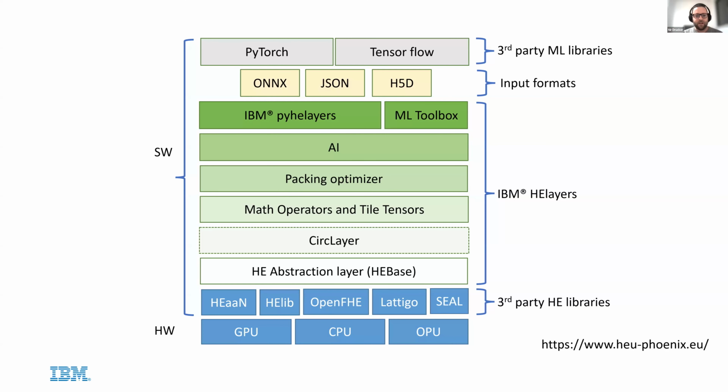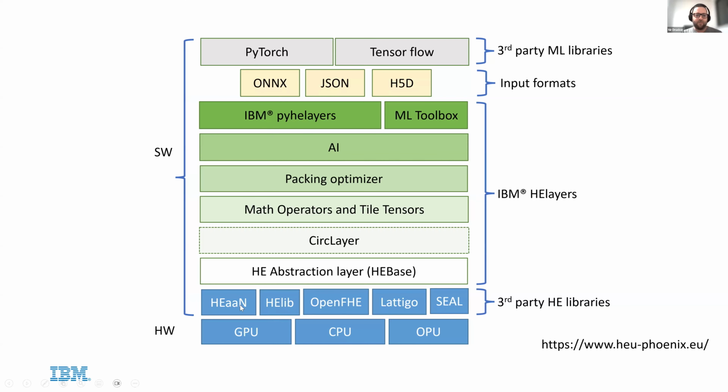Originally, the library was started on top of the open source HElib library, but we increased its capabilities to work on top of many other libraries like Helayan, OpenFHE, Lattigo, SEAL, and basically every other cryptographic library that provides FHE capabilities.